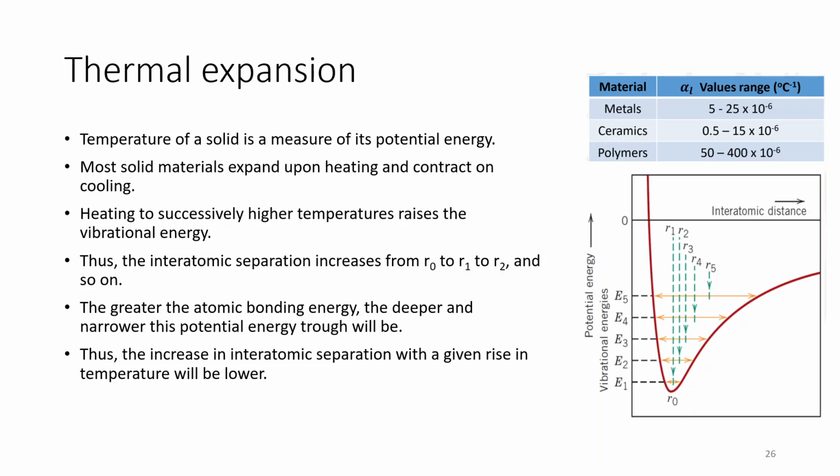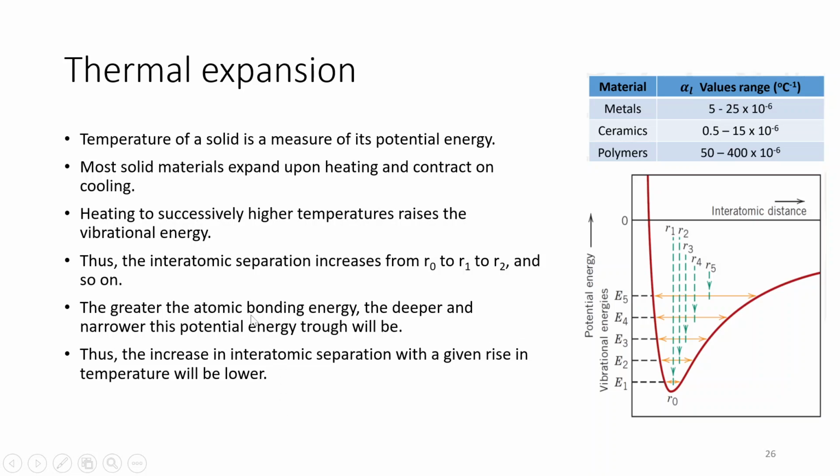The temperature of a solid is a measure of its potential energy. Most solid materials expand upon heating and contract on cooling. Heating to successively higher temperatures raises the vibrational energy. Thus the interatomic separation increases from R0 to R1 to R2 and so on, as shown in this figure.